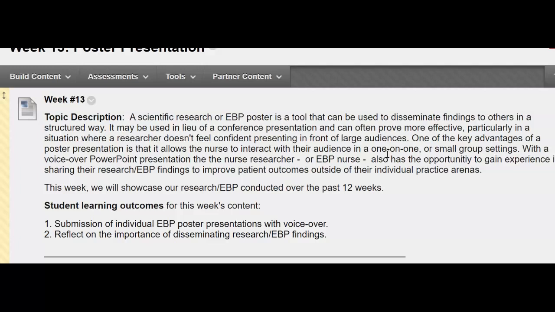For this class, using a voiceover PowerPoint presentation, you are able to have the opportunity to gain experience in sharing your research evidence-based practice findings to both improve patient outcomes and to share that information with others from outside your specific practice arena.